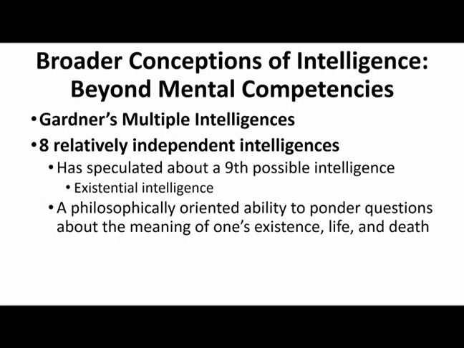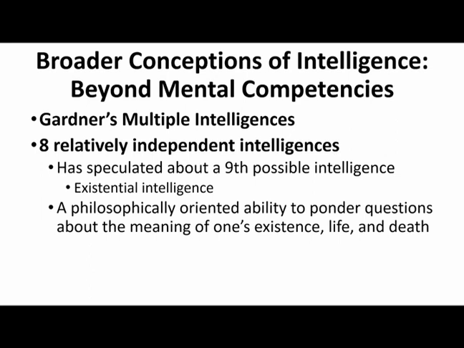Now this theory falls under that broader conception of intelligence because it's not just looking at intelligence as an idea of mental competence. It's actually looking at a much larger scope than just our mental capabilities. And this kind of scope should become a little bit more clear as we actually look at his 8 relatively independent intelligences that were originally proposed.